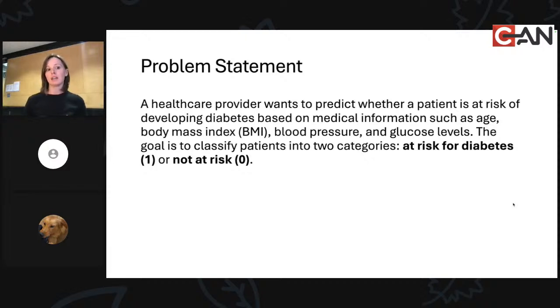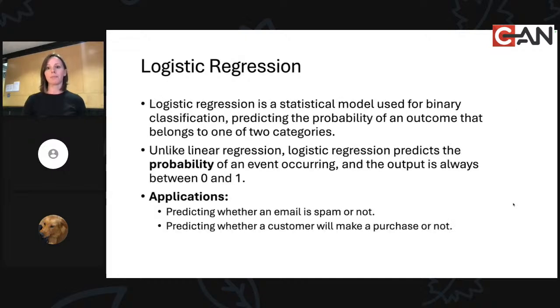Maybe you know their age, their BMI, their blood pressure, you even measured their glucose levels. You want a model to help you understand their level of risk. What is the probability that they are at risk for diabetes, where being at risk is a 1 with 100% certainty and not at risk is a 0? So this is the problem.